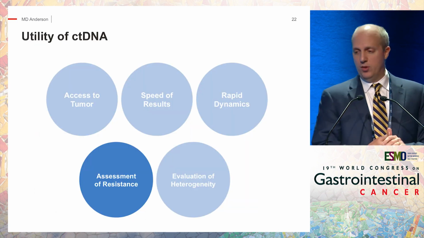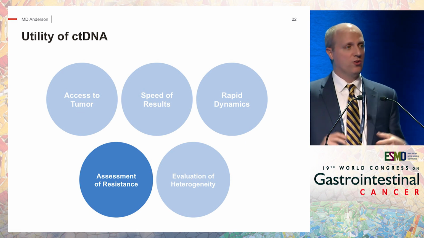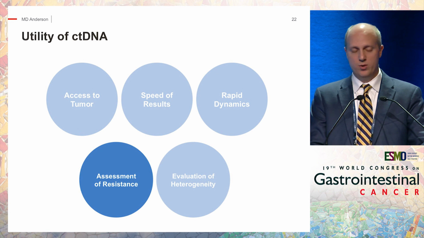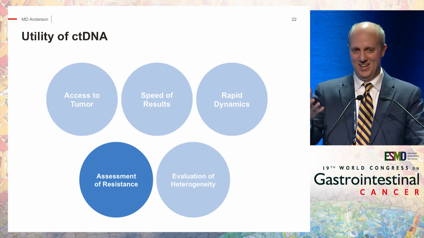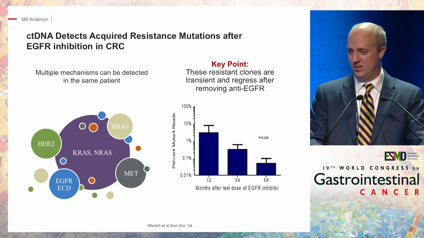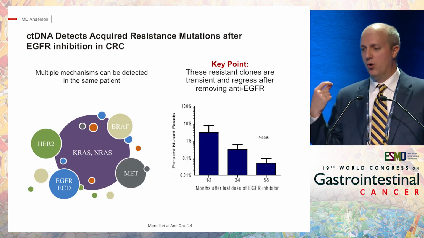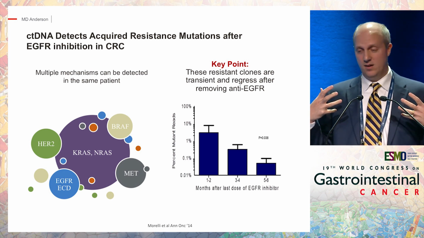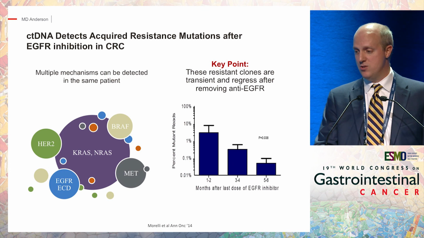So what about a fourth category? You've heard some nice data already about the idea of assessment of resistance, and we look forward to the last presentation of the session to talk about EGFR resistance. But just to reiterate, multiple mechanisms can be detected, and these can be detected a lot of times in the same patients.